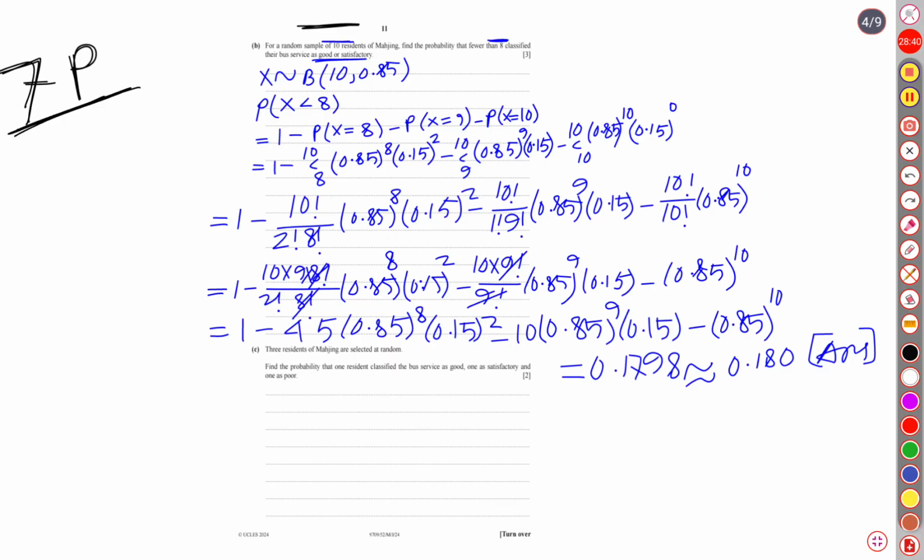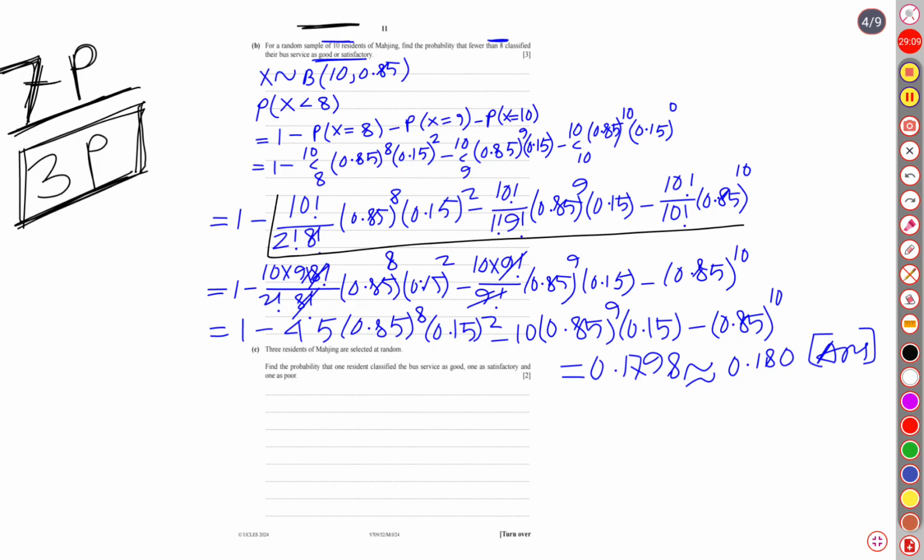Rather, what have we done? If 7 people classified this as good or satisfactory, that means 3 people didn't classify this as good or satisfactory. So we have found the probability of these 3 people.